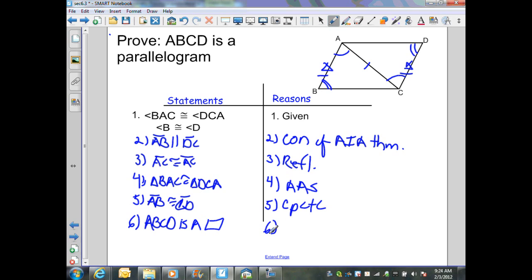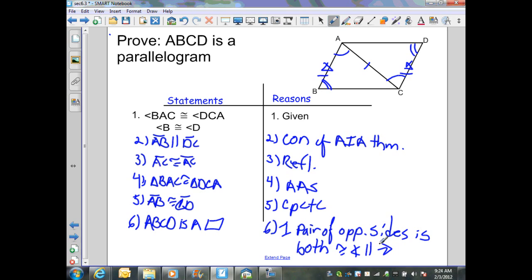And that reasoning is by if one pair of opposite sides is both congruent and parallel, then the quad is a parallelogram. So that solves my proof. If one pair of opposite sides is both congruent and parallel, then my quadrilateral is a parallelogram.